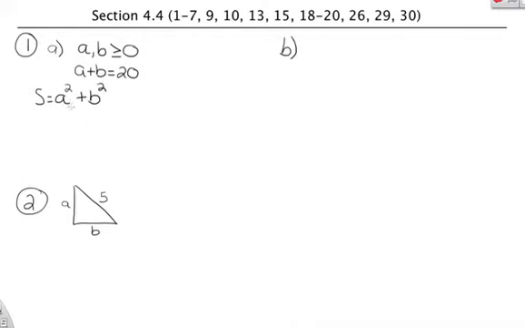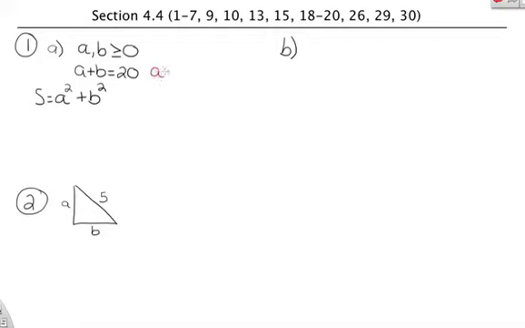Step 2 is to find a way to convert the variables so that I only have one input into my function. So all I have to do at this point is rearrange the equation they gave us, A plus B equals 20, so that I can solve for one of the variables.